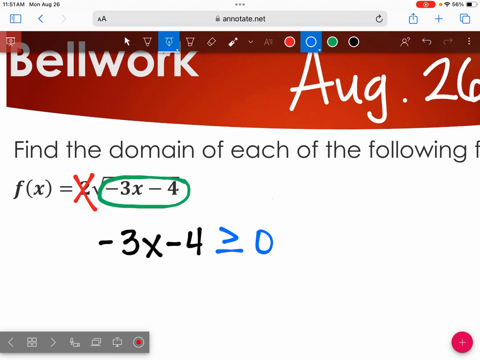So go ahead and solve that inequality for x and write your answer in interval notation. Everything we do is in interval notation.